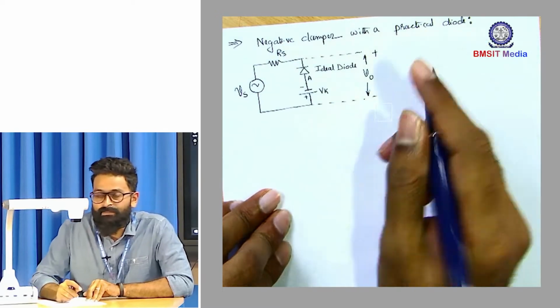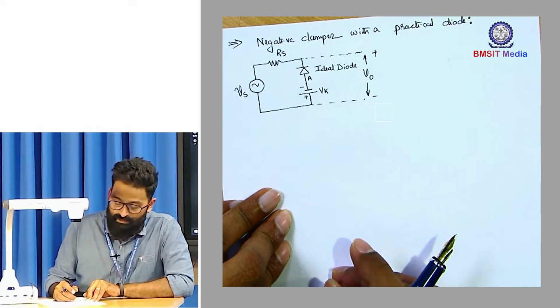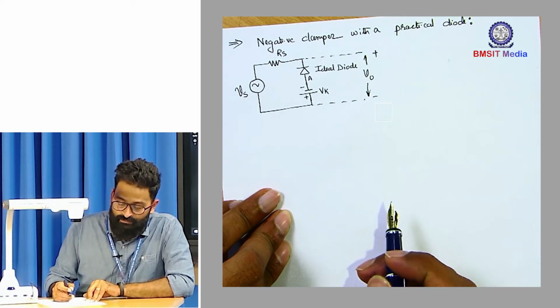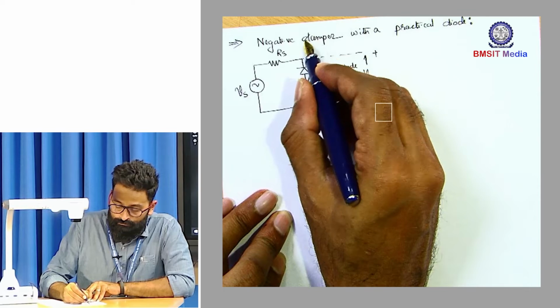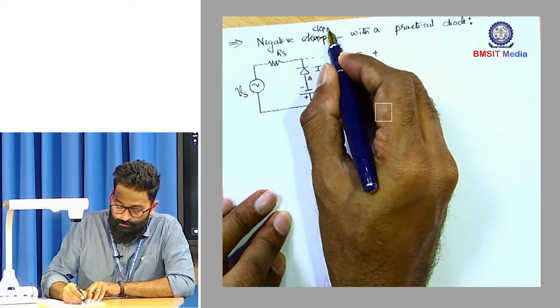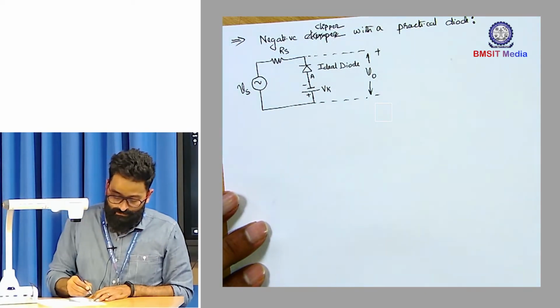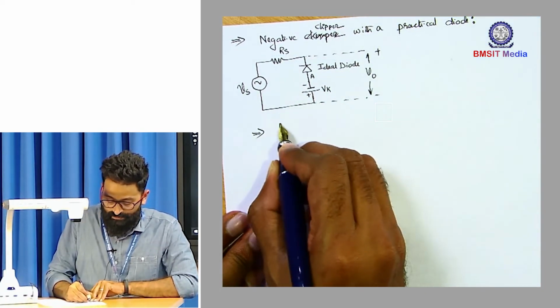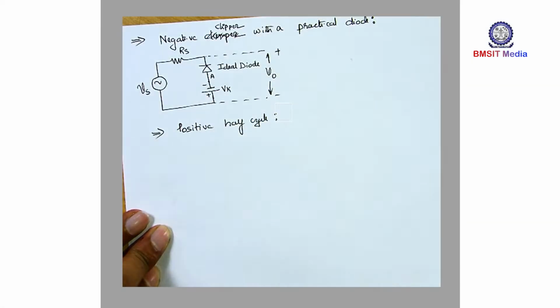So the operation is similar to positive half cycle. Basically, it's the complement of the positive clipper. Alright, so first let us consider positive half cycle. Since there are two sources, what are the two sources?